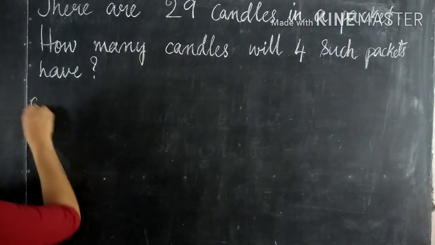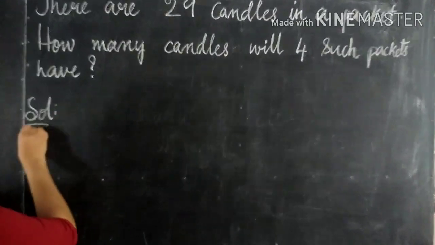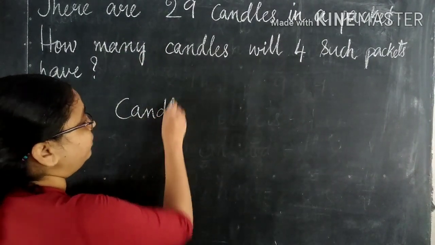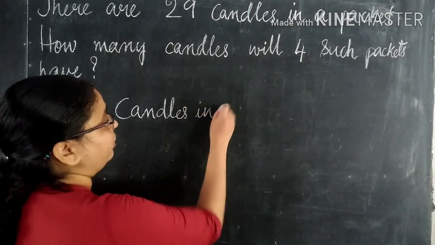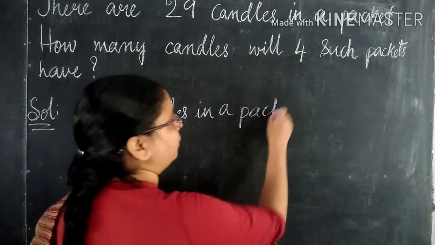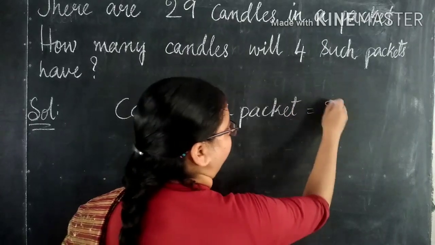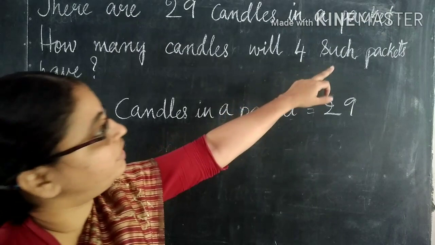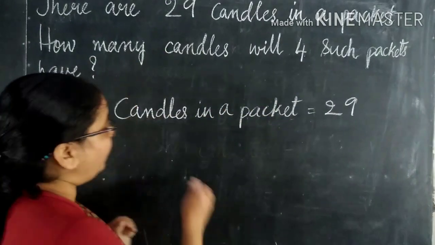Let us do it. Solution. Candles in a packet. How many are there? 29 are there. Okay. Now, how many candles will 4 such packets have? How many packets are there?